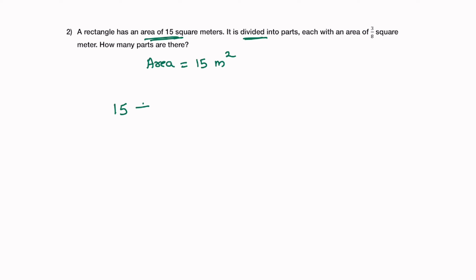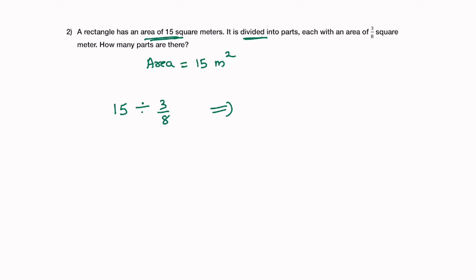So 15 is divided, each part with an area of 3/8 square meter. So that 15 is divided into many parts and each part is 3 upon 8. And your equation is done. How many parts are there?